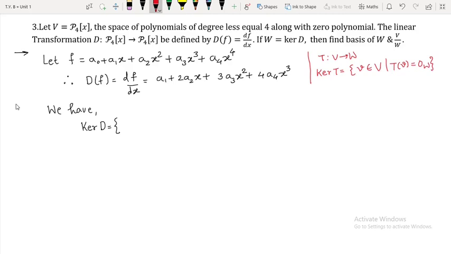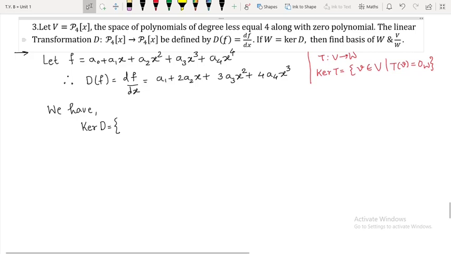So in this case our W is P4 of x, that is the codomain of the linear transformation, and its 0 is nothing but 0 plus 0x plus 0x square plus 0x cube plus 0x to the power 4. Now instead of using this v notation, we generally use whatever notation is given in the question. Over here f is used, so that notation we are going to follow, and our V, that is the domain, is also P4 of x.